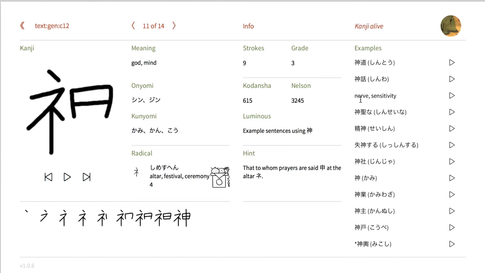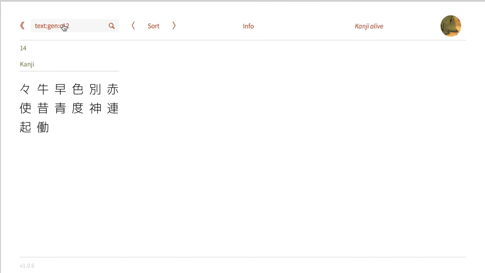Shinkei is nerves or sensitivity. Kamiwaza is a miracle, literally an industry event of the gods. And then Kōbe, which is, of course, a city to the west of Osaka. So that's kami or shin.